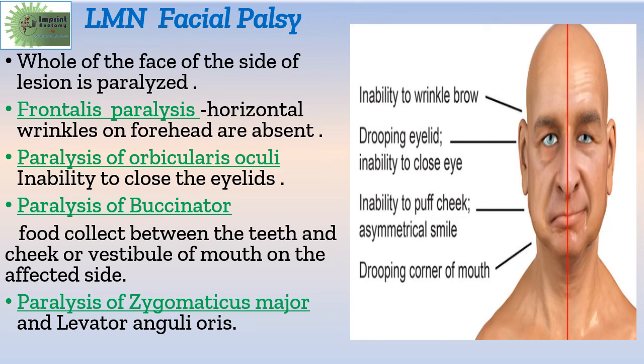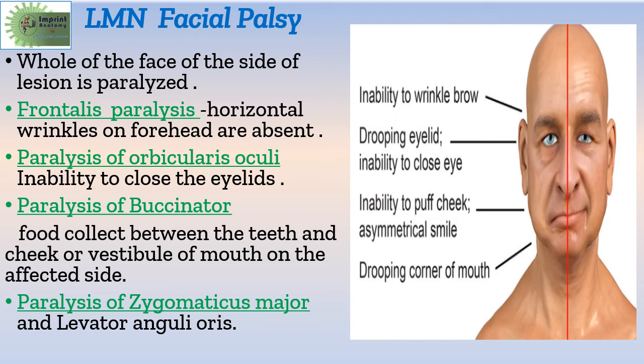Due to the paralysis of the frontalis muscle, the horizontal wrinkles on the forehead are absent. The patient will be unable to close the eye because of paralysis of the orbicularis oculi muscle.